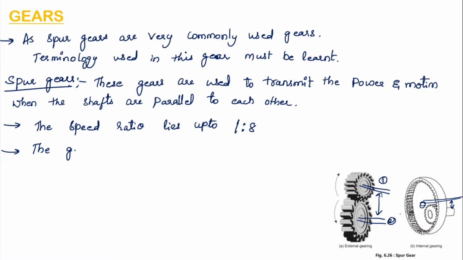From the second figure B, you can see one gear has teeth inside, so the teeth are made not on the outer surface but on the inner surface. So this is internal gearing.